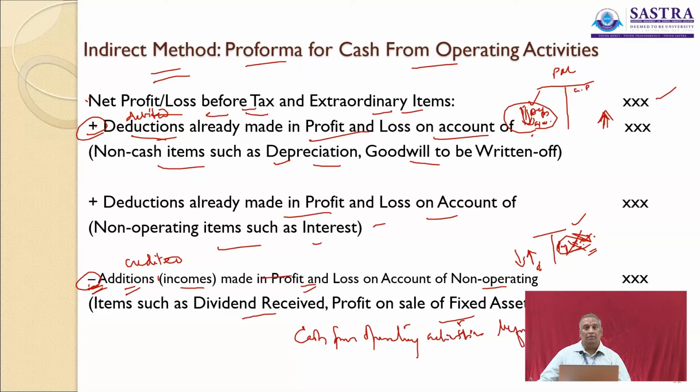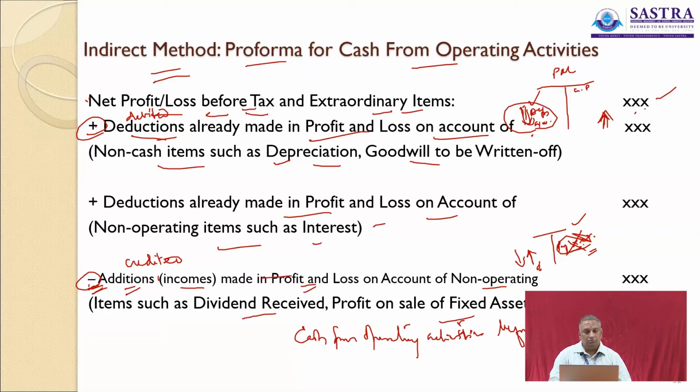Before adjustment of working capital. That means the current assets and the current liabilities. That can also impact on your cash position. So first you have to consider the net profit or net loss.